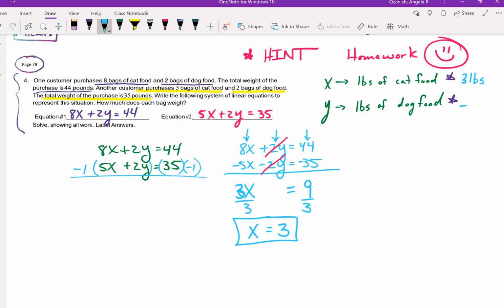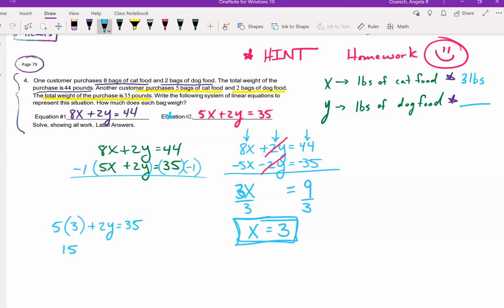Now we still have to figure out the dog food. Well, how are we going to do that? Let's take this x value that we have right here and plug it back into one of the two equations. I'm going to pick equation 2. So we'll say 5 times 3, because x is equal to 3, plus 2y is equal to 35.